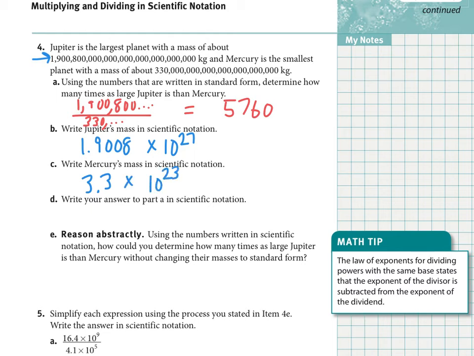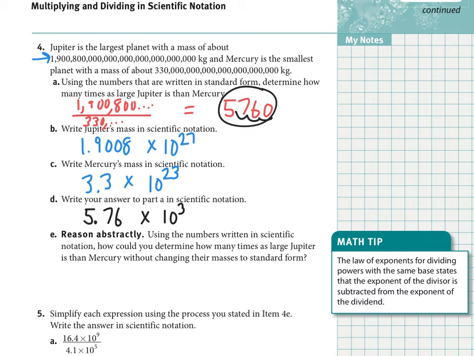Now, let's write our answer that we got in part A in scientific notation. 5,760, as a number between 1 and 10, would have to be 5.76. We moved the decimal 3 times to get it where it needs to be, so times 10 to the 3rd.